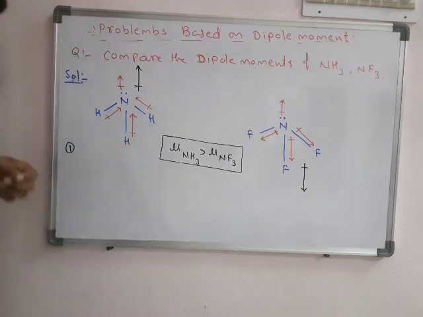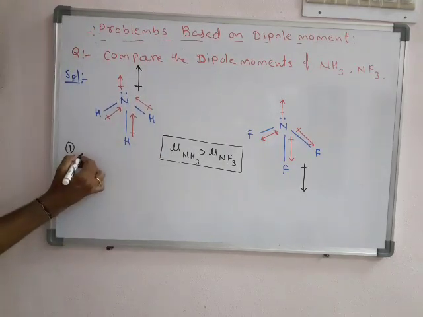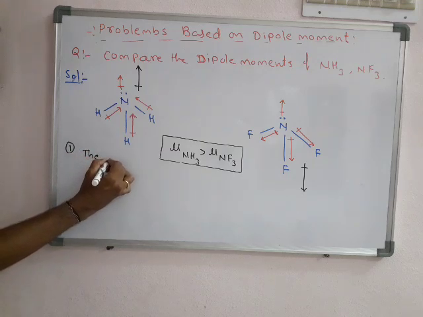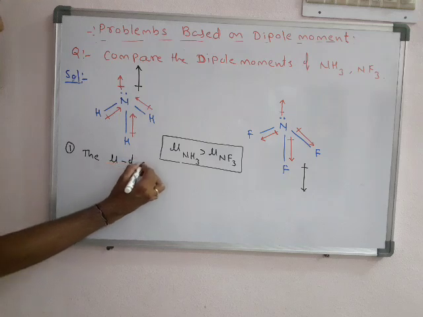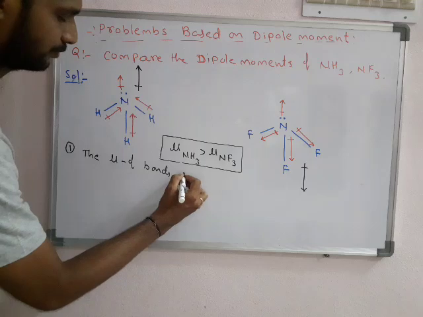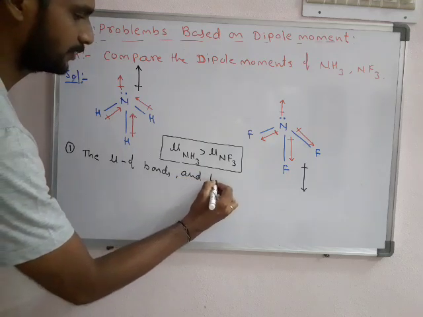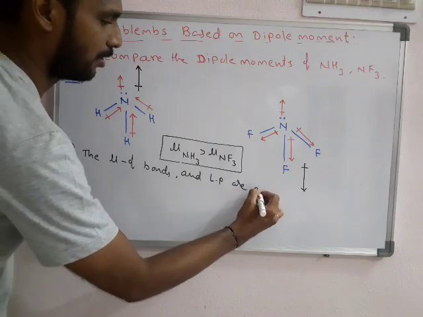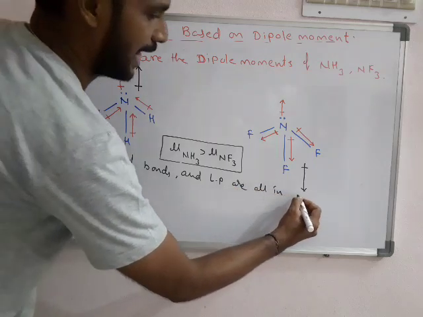Means here we can say the dipole moment of bonds and lone pair are all in one direction.